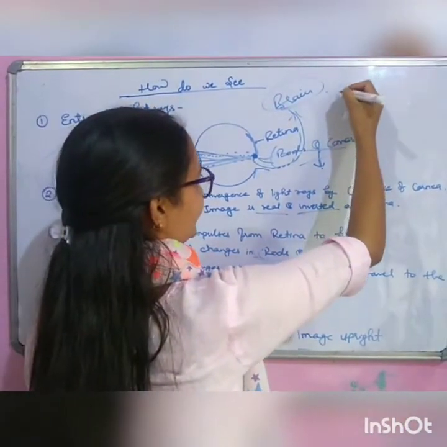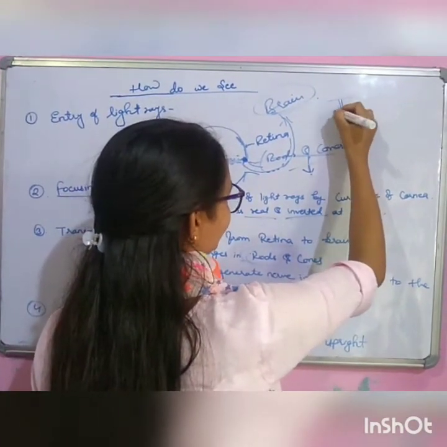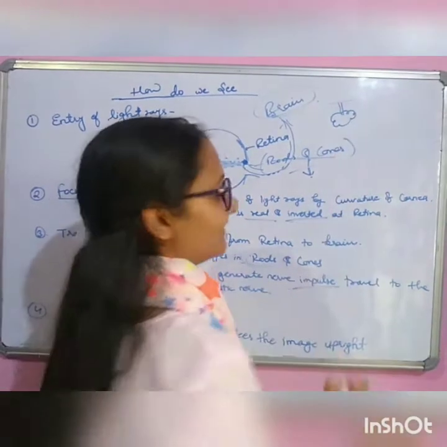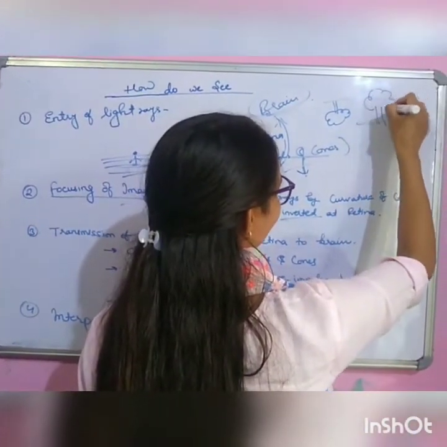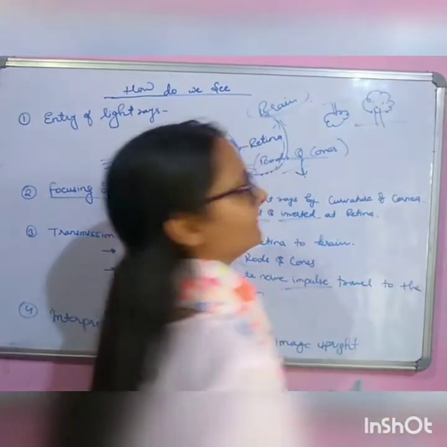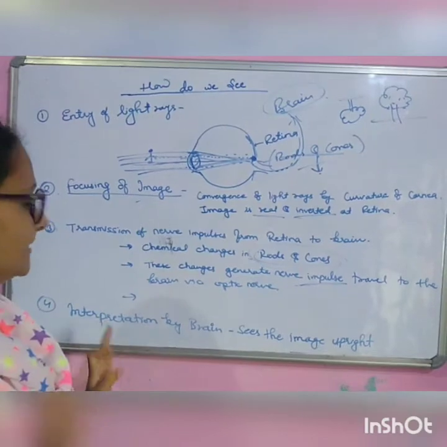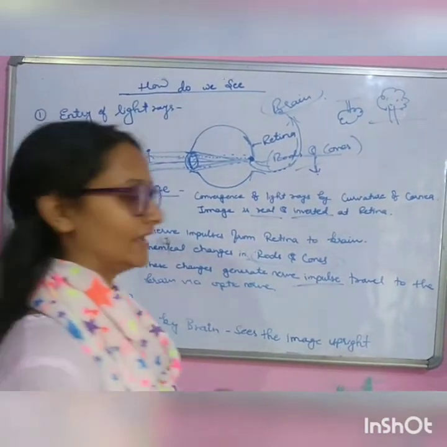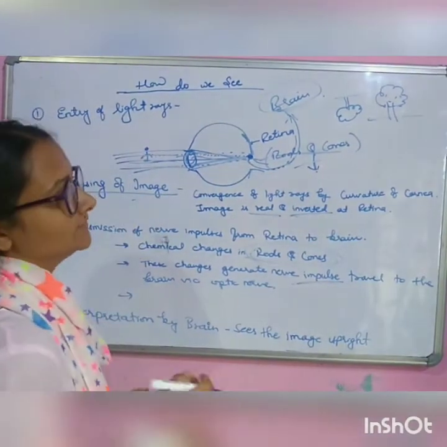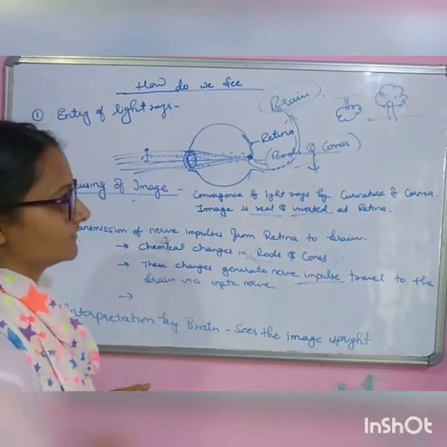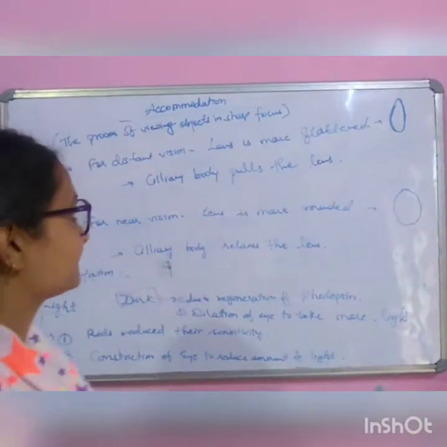If there is any image, like a tree, it was like this in the retina, but it will become like this in our brain. So the last step is of the brain. It interprets the image and makes it upright, so we can see the objects in the right way.